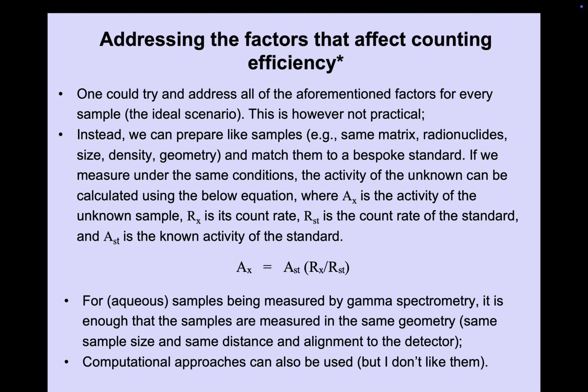And then the final thing I want to say before we move on to start to talk today about gamma spectrometry is that there's also a range of computational approaches that can be applied to try and take care of some of these factors that impact the efficiency of getting an accurate count rate from our sample. However, I'm not a great fan of those computational approaches.